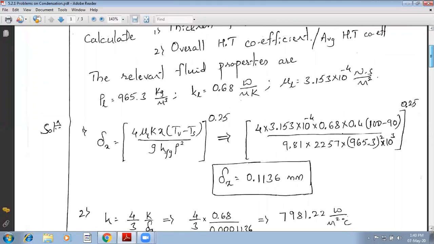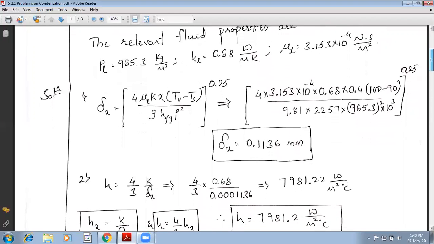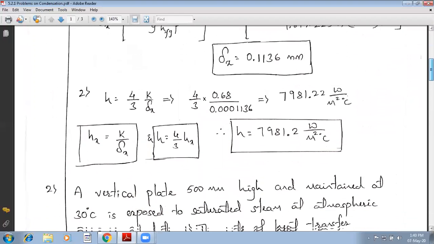Now the second part of the question is to calculate the average heat transfer coefficient, and in the same data handbook we also have the expression for average heat transfer coefficient. h is equal to 4 by 3 into k by delta x. This k by delta x is nothing but the local heat transfer coefficient.